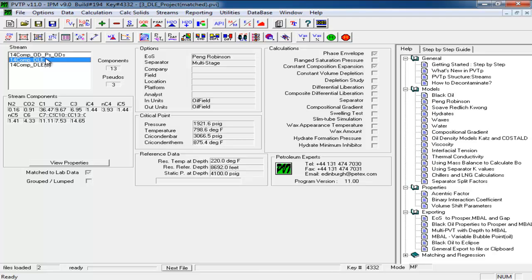This is not acceptable. You totally shifted your bubble point pressure. It's more than the real value by 200, so this one is not acceptable. You may have good results here, but you should always keep in mind the results here.